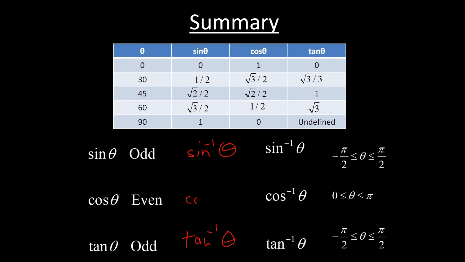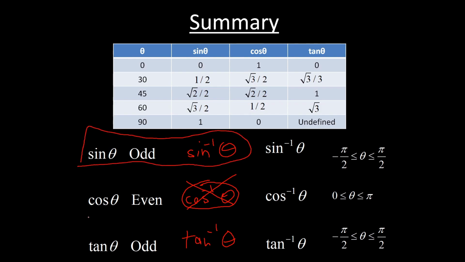Now the inverse of cosine is neither even nor odd. So sine and its inverse are odd. Tangent and its inverse are odd. Only cosine is even, and the inverse cosine is neither. And that is this lecture.